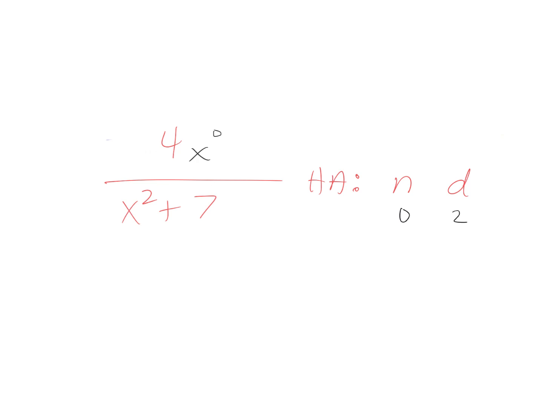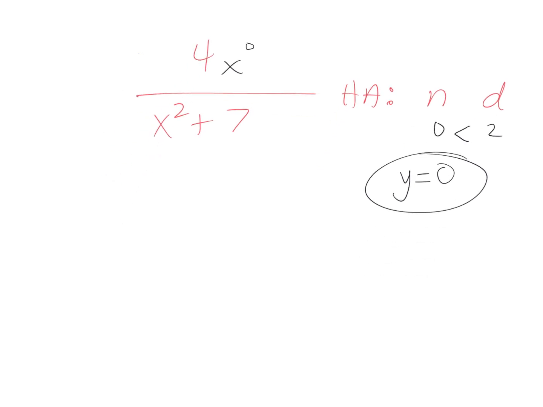So what is the comparison between 0 and 2? 0 is less than 2. If the numerator degree is less than the denominator, what's your horizontal asymptote? Y equals 0. So in this case, we have a horizontal asymptote. That means we don't have a what? A slant.